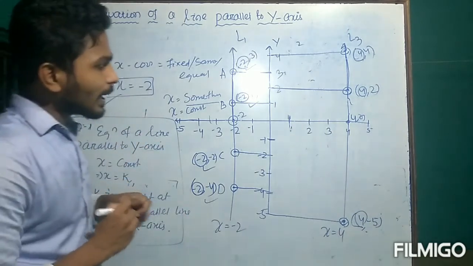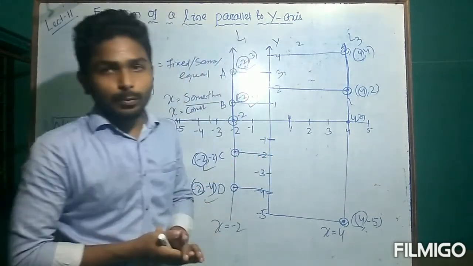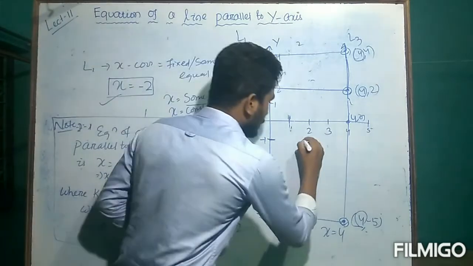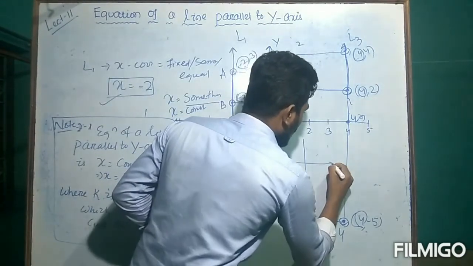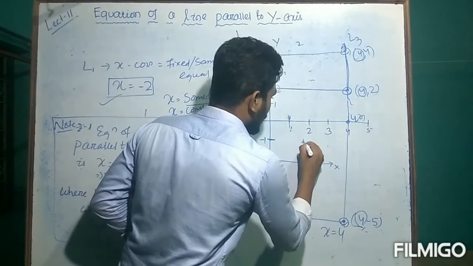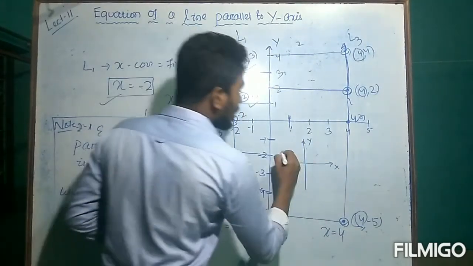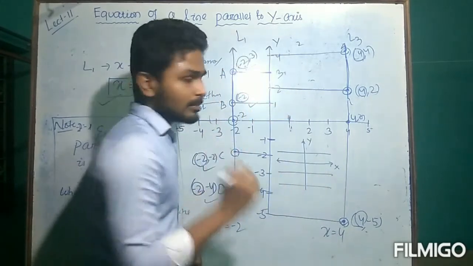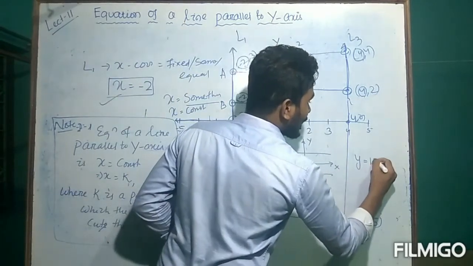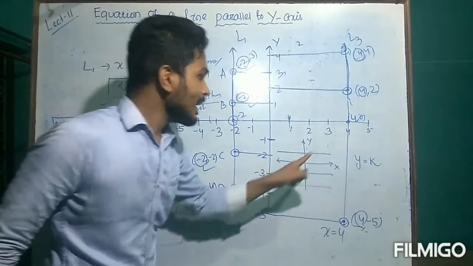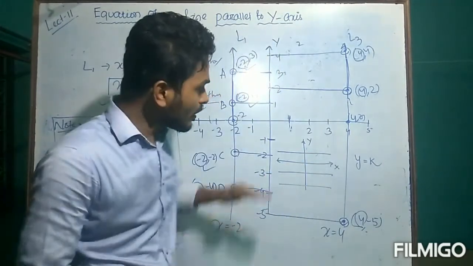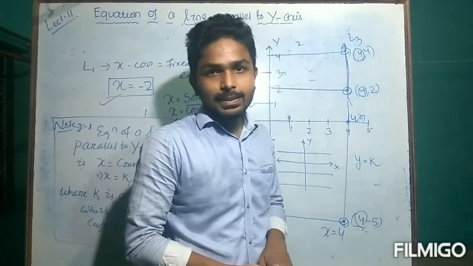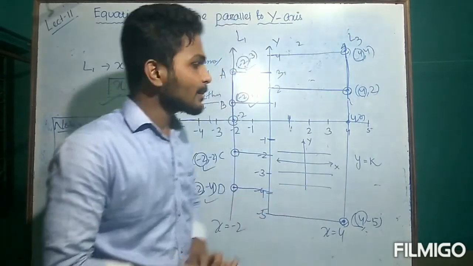So from note 1 and note 2 we got that, suppose this is your Cartesian coordinate system, any line which is parallel to the x-axis can be written in the form y equals k. What is k? k is the point where the parallel line cuts the y-axis.